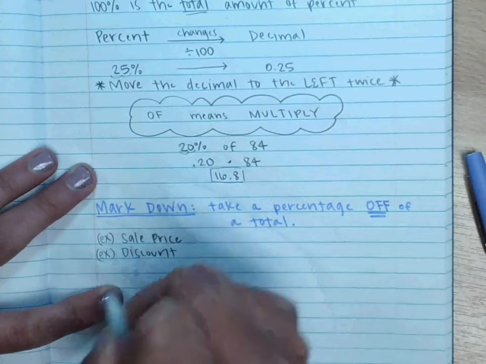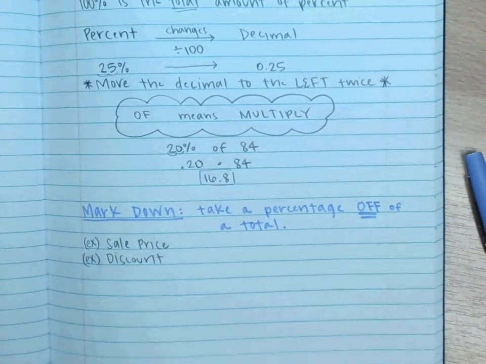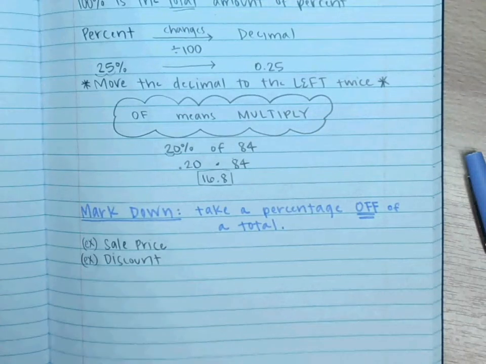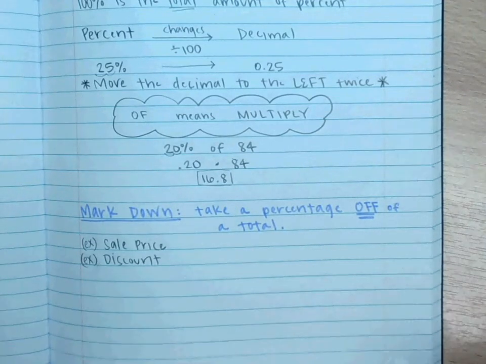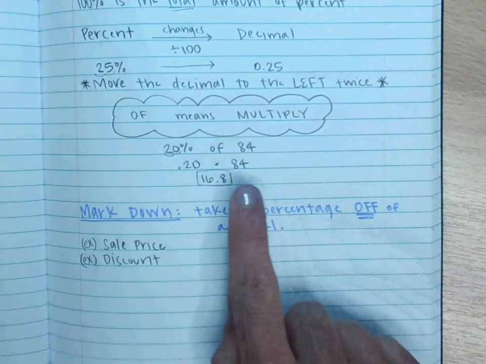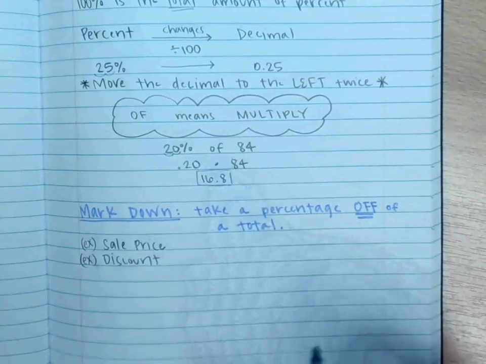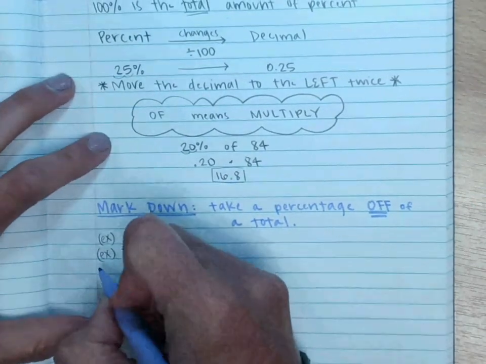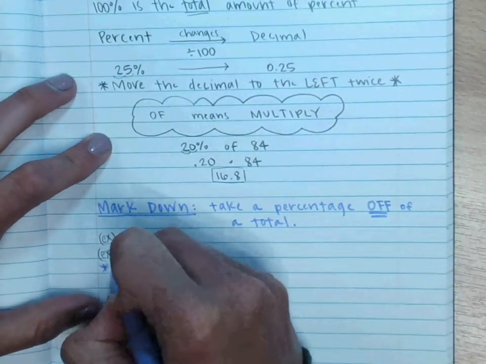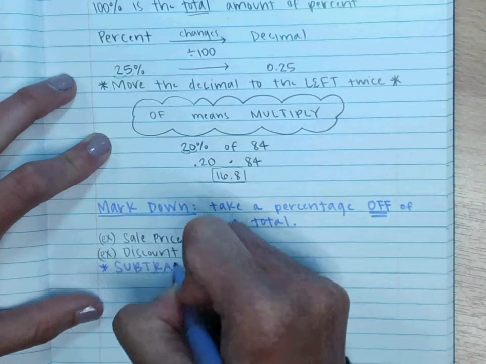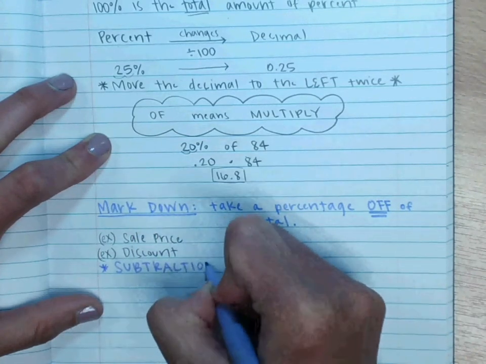You may receive a discount on an item because it's been used before, and that's taking a certain percent off of that item. So when we do markdowns, not only are we going to use multiplication, because we are going to use the word of, but we're also going to use subtraction. Because we're taking the price off.